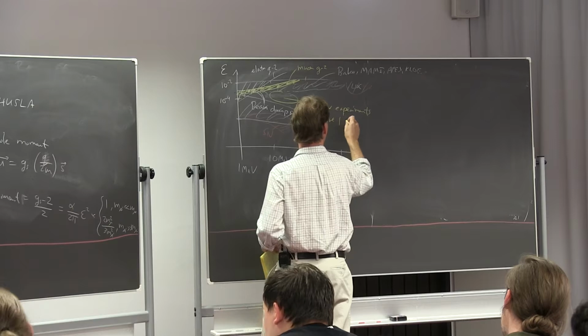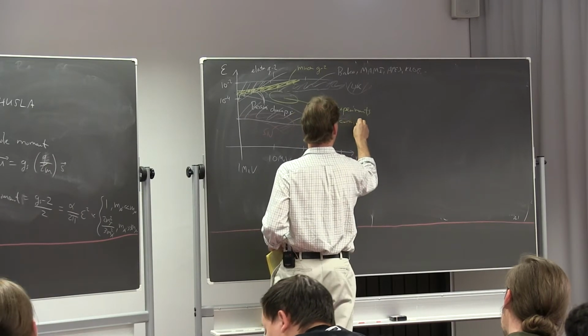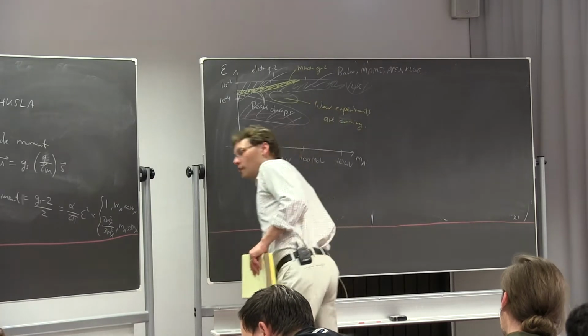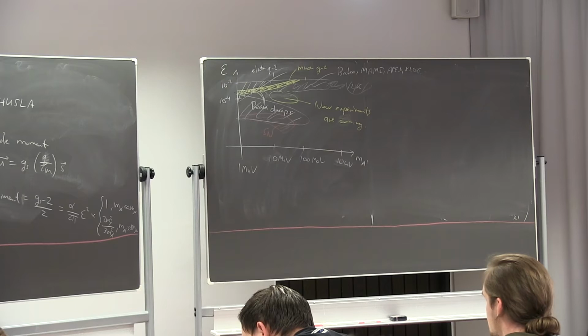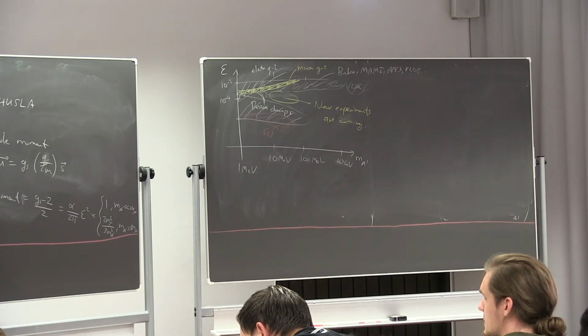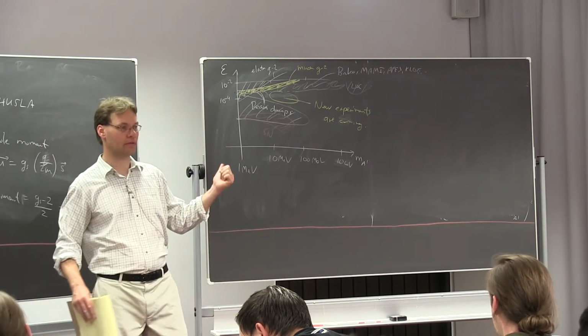So HPS, LHCb, APEX, etc. Okay, so that's a lot of effort for one simple model. But it's a very simple dark sector, which is the building block of many things. So this is good. Okay, questions on this?